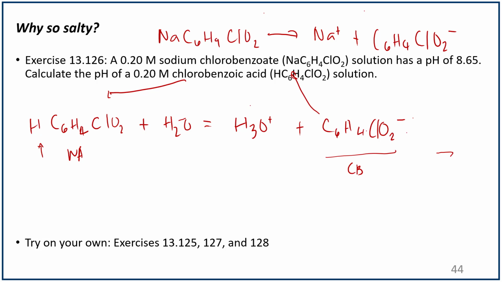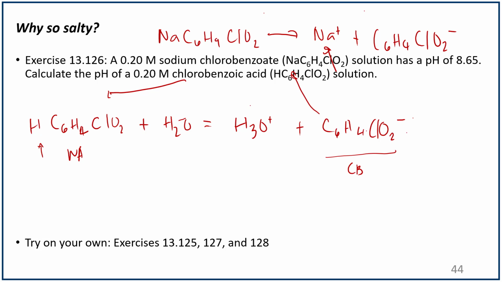Remember the rules for determining the nature of salts: since sodium here comes from a strong base such as NaOH, sodium plus as a cation does not have any acidic properties, because it is the conjugate acid of a really strong base.